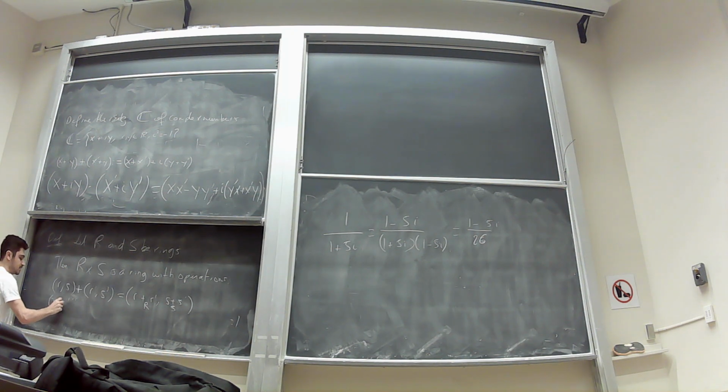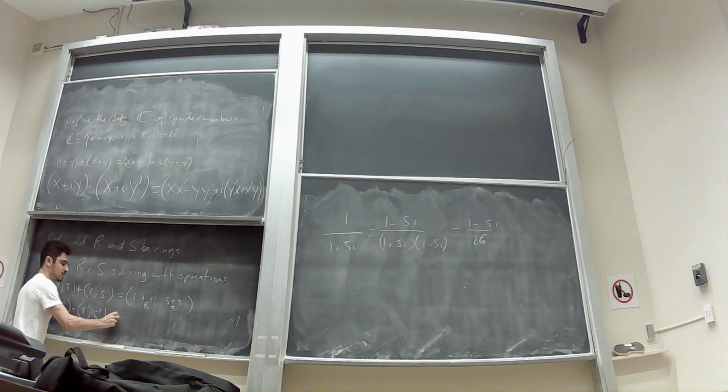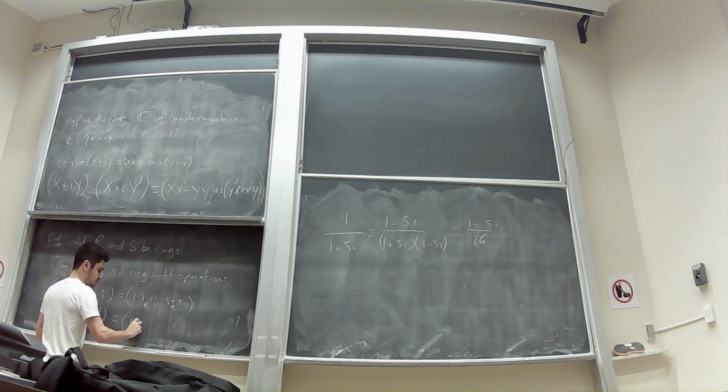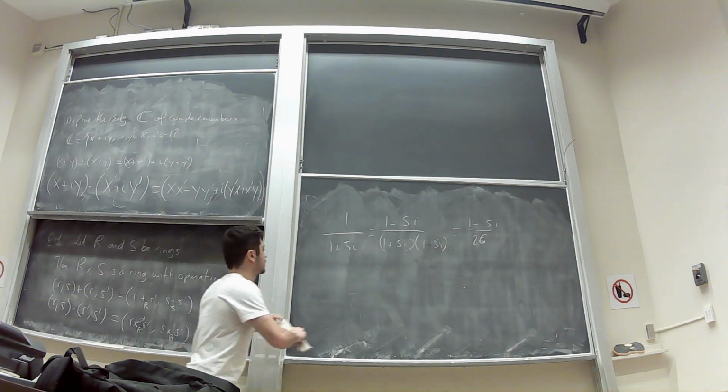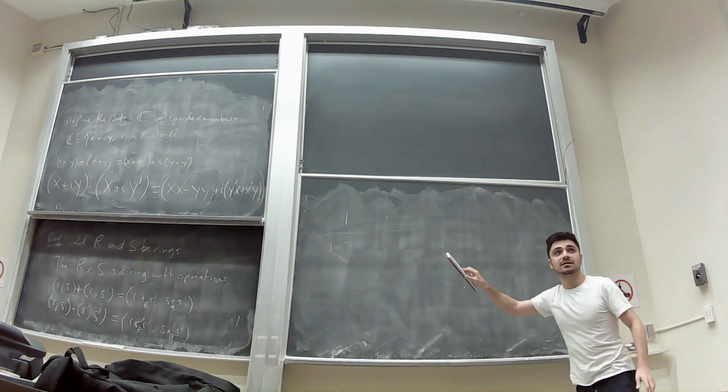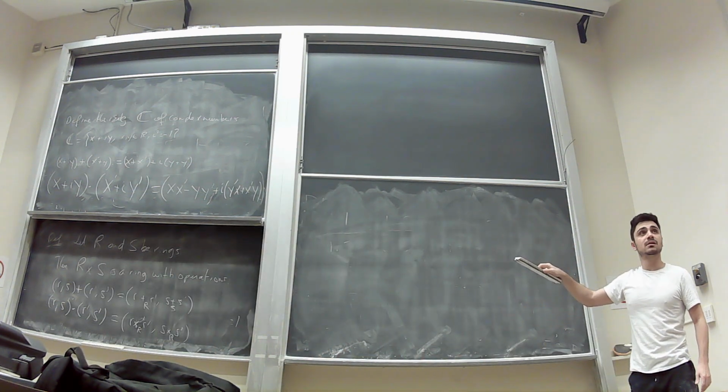And how do you multiply them? Multiply the R's together, and multiply the S's together. What do you think the identity for addition in this ring is?